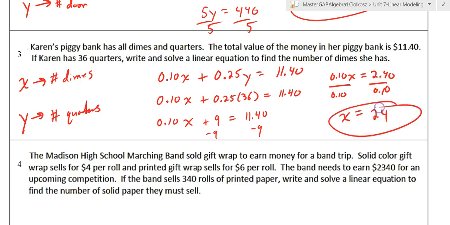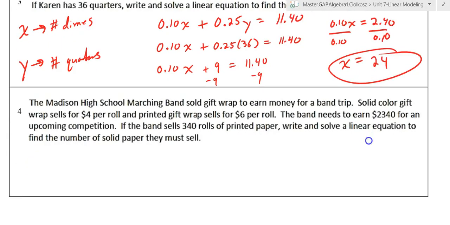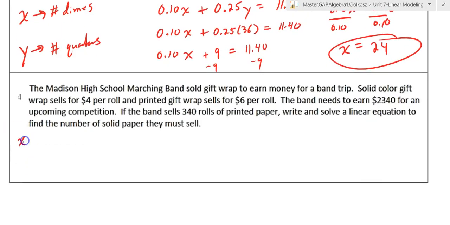So it looks like we have 24 dimes. Take a minute now. Figure out what your x and y are going to be for number 4.